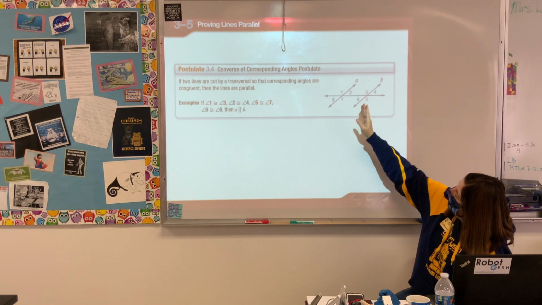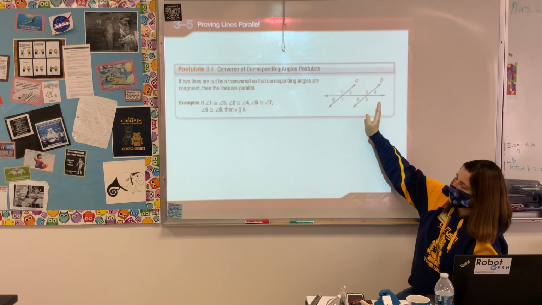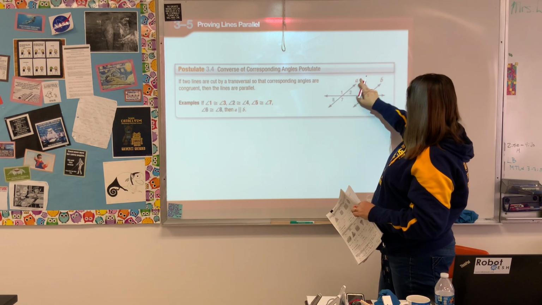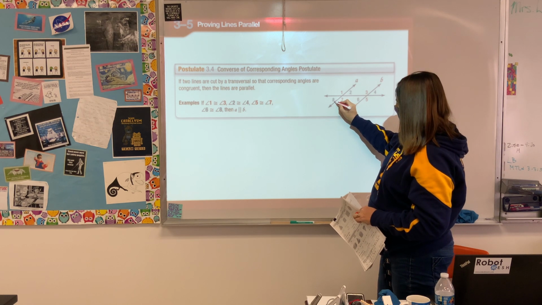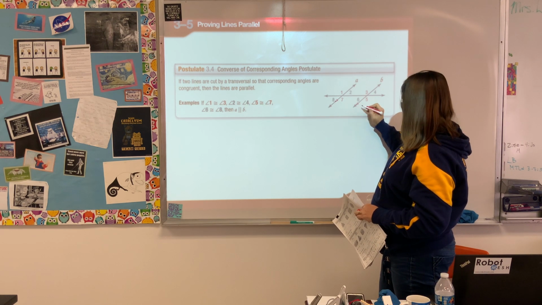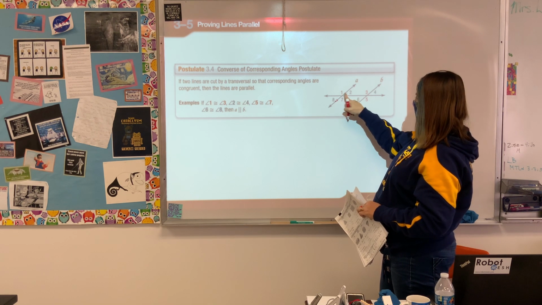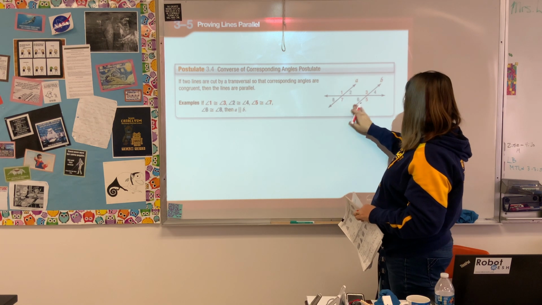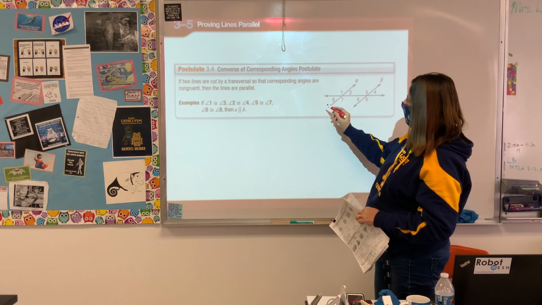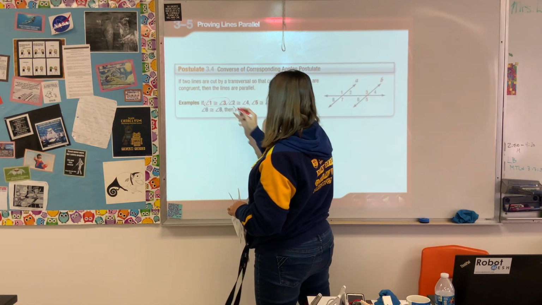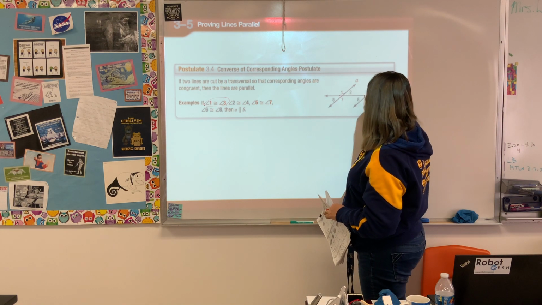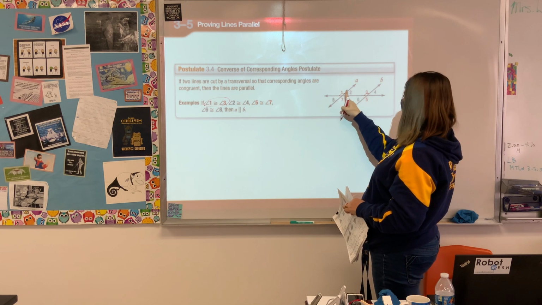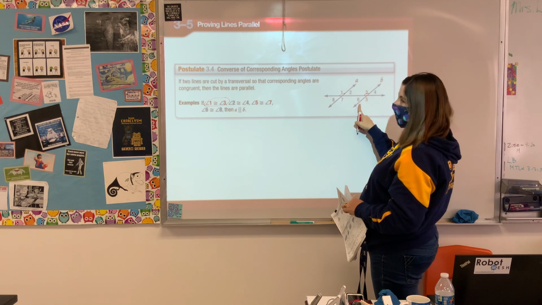Here, rather than saying, I have parallel lines and this relationship so they're congruent, which is what we did previously, where A and B are parallel, and 1 and 3 were corresponding so they were congruent. This goes the other way around. This one says, since I know, for example, that 1 and 3 are congruent, the same measure, and because they are corresponding, I know A and B are parallel.